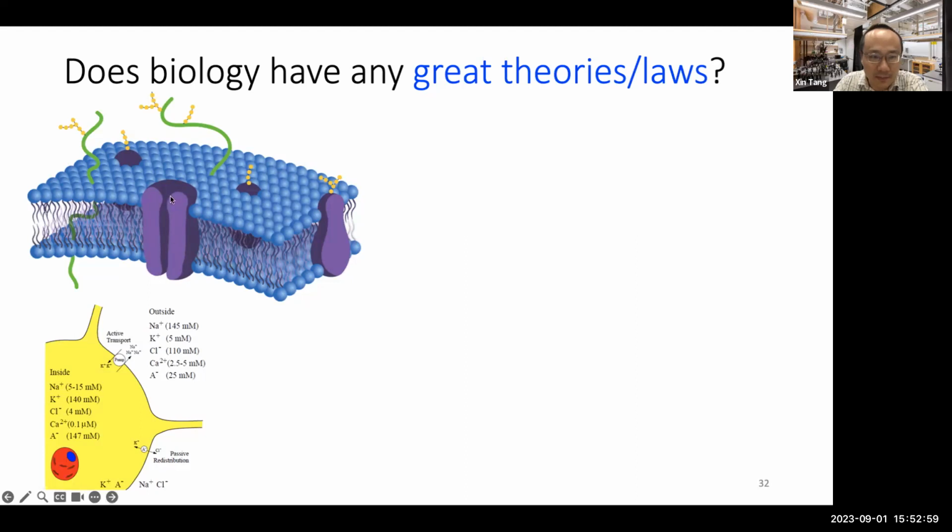So here is the cell. Due to those proteins, the sodium concentration inside the cell is much lower than outside. Inside is 5 to 15 millimolar, outside is 145 millimolar.